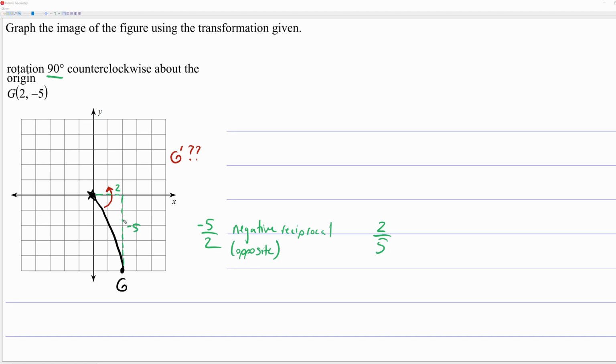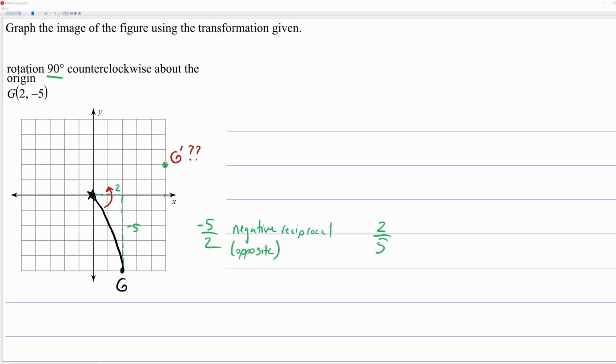So let's start at the origin and count a slope of 2/5. Again, this is rise over run. I'll do the run first. So starting at the origin, we can count 1, 2, 3, 4, 5. That's a run of 5, and then a rise of 2.